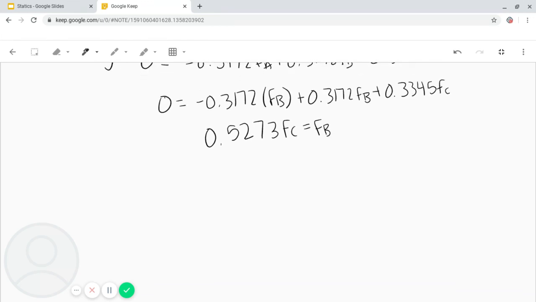All right, and then we're going to do the Z component, and this one is a little bit trickier, more so, just because there's one more component involved, which is the force of gravity.